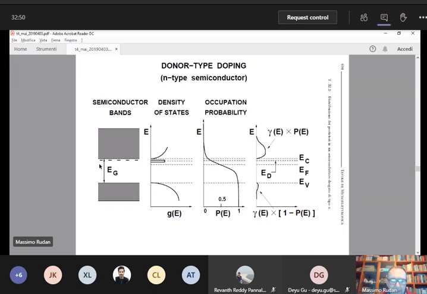So as long as the electron is inside the phosphorus atom, the atom is neutral. When the electron makes a transition into the conduction band, the phosphorus atom becomes positively ionized.